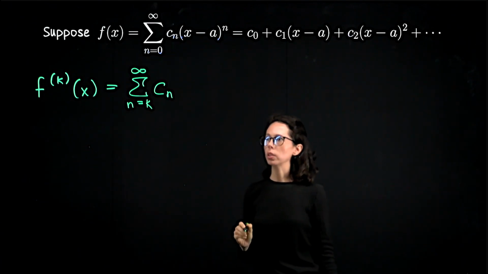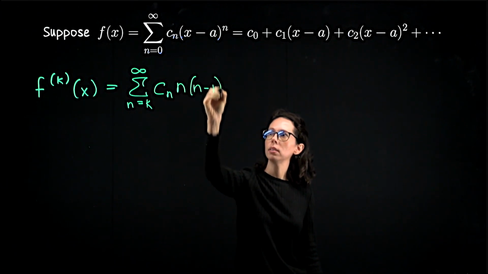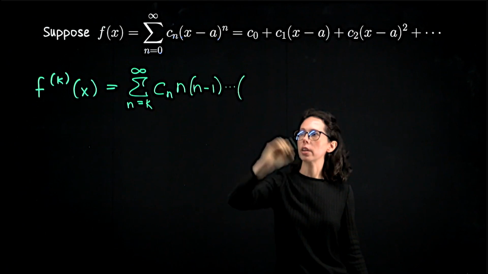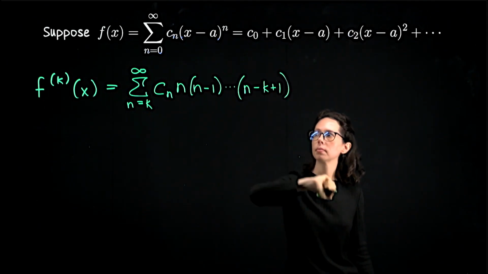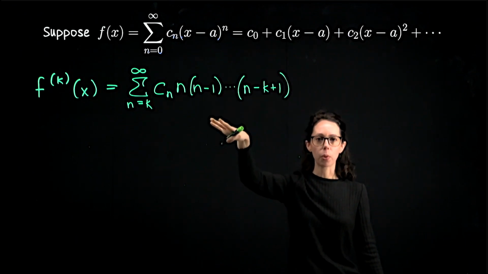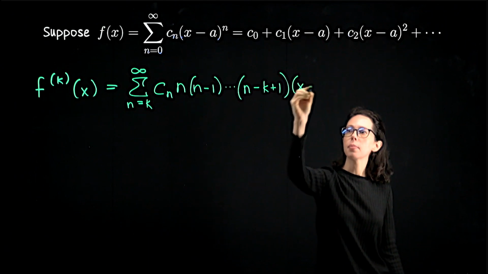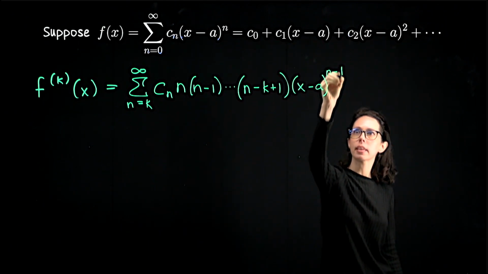And that product will look like n times n minus 1 times n minus 2 times n minus 3, all the way until you get to the term n minus k plus 1. These represent exponents that came down through successive iterations of the power rule. Now times x minus the center a to the n minus k.